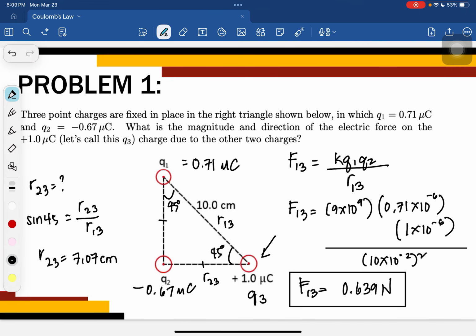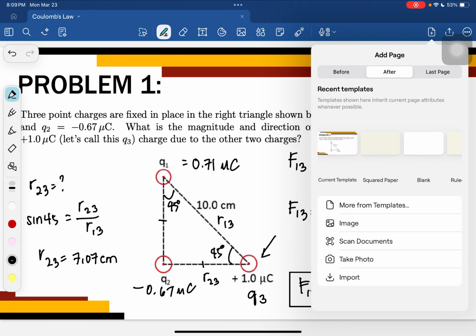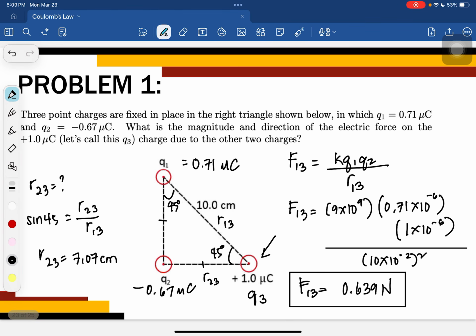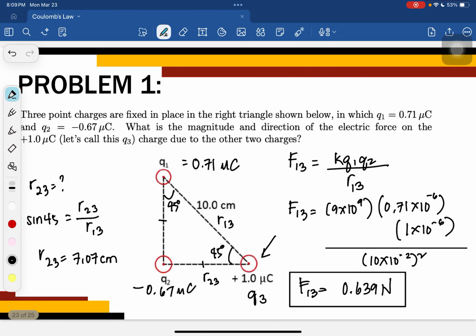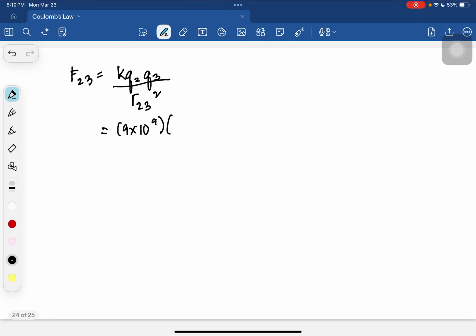Let's just park it. Let's add another page, maybe a blank sheet now. Now we're also going to solve F23. F23 is K Q2 Q3 all over R23 squared. So that's 9 times 10 to the 9 times Q2, which is negative 0.67 times 10 to the negative 6, times 1 times 10 to the negative 6, all over 7.07 times 10 to the negative 2 squared. I made an error earlier that should be squared, so I'm correcting that.